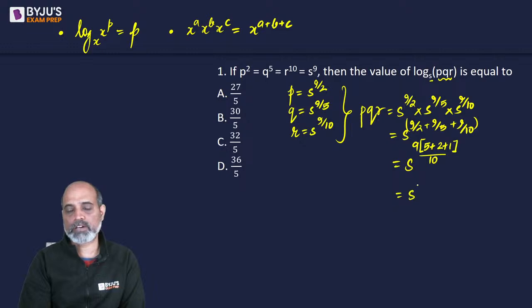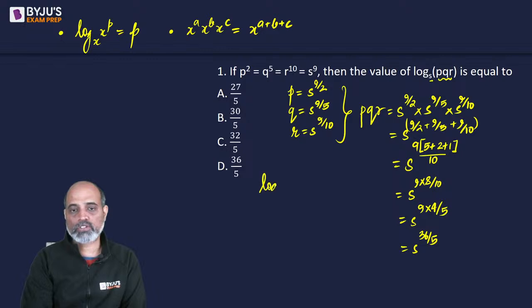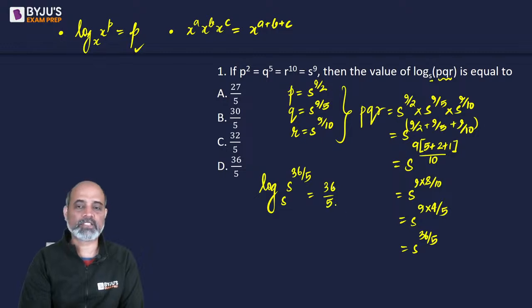So s to the power 9 into 8 by 10, which can be simplified as s to the power 9 into 4 whole divided by 5, which is s to the power 36 upon 5. Now, since we are dealing with log, we can say log of s to the power 36 upon 5 to the base s. So using the log property, we can take out 36 by 5 outside, and this is what we'll be left with. So we get D as the answer.